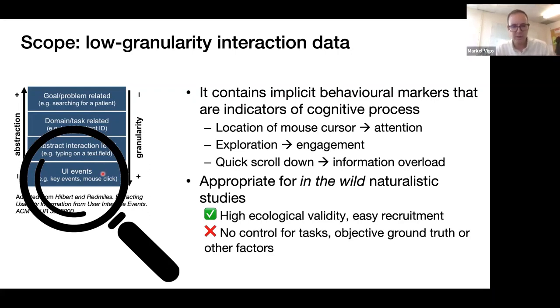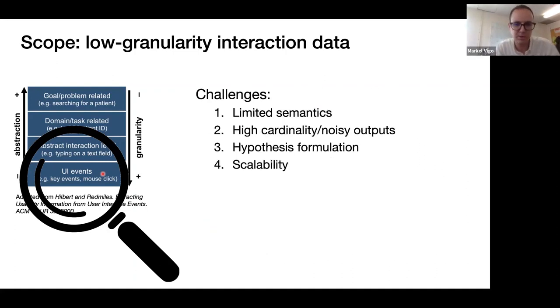And this kind of data collection is very useful for in-the-wild naturalistic studies, right? Where people are using a system for a long time. They might lose the awareness that they are taking part in a study as well. So it has high ecological validity. It's easy to recruit a lot of participants, although there are also some weaknesses: you cannot control the tasks, and it's difficult to collect objective ground truth about the experiment or study you are conducting, okay?